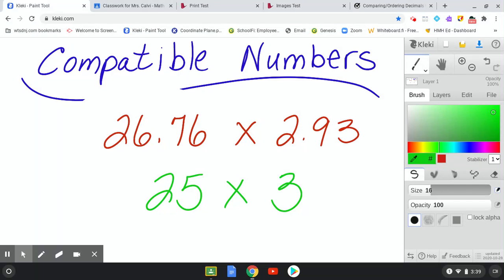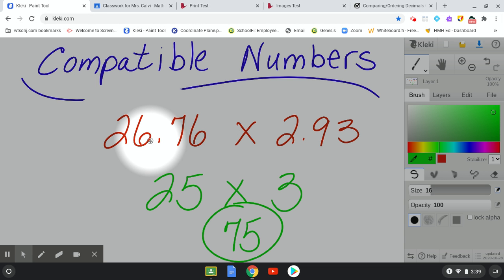Again, thinking about money, 25 times 3 gives me 75. So an estimate of 75. And if I were to actually do the multiplication, 26.76 times 2.93, it would be close to 75. All right? So using compatible numbers means changing the numbers they gave you to something close that you can pretty much do mentally in your head. Easy mental math. All right?